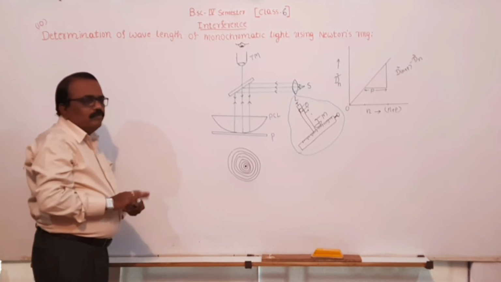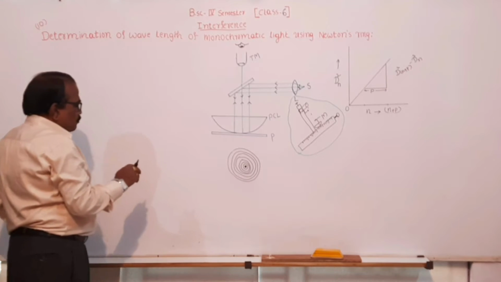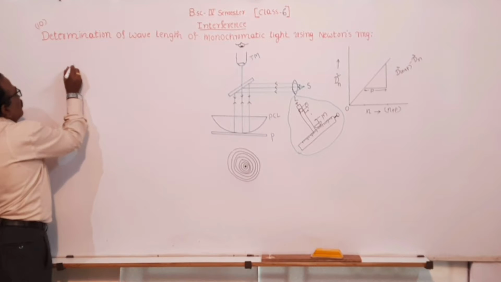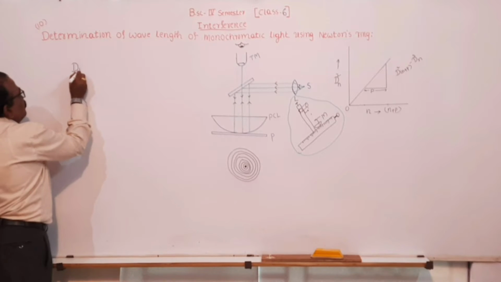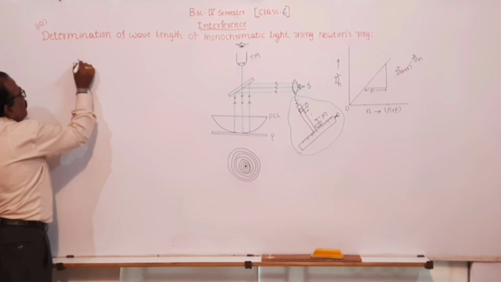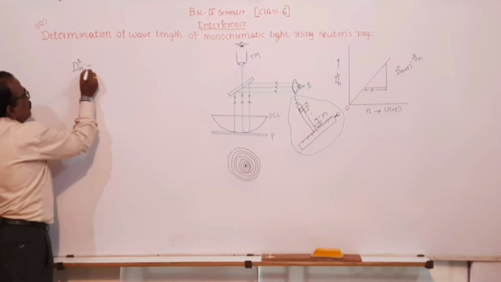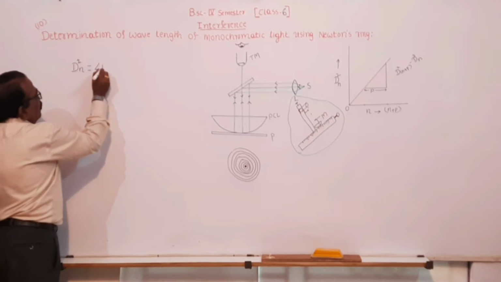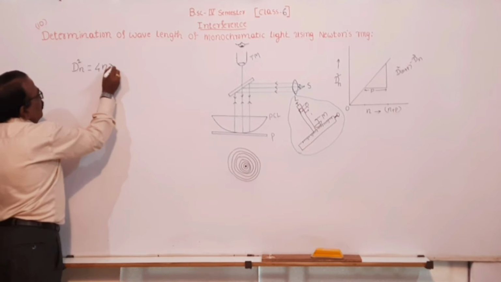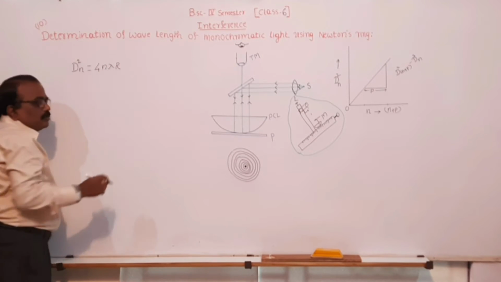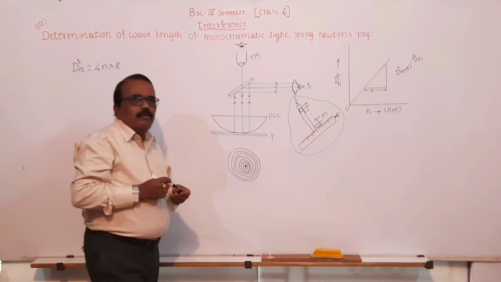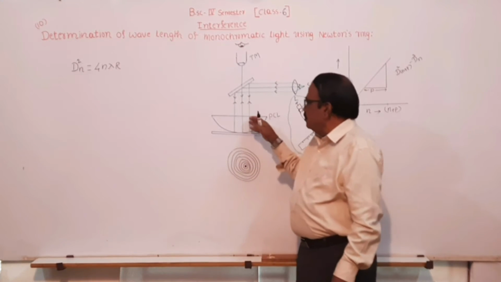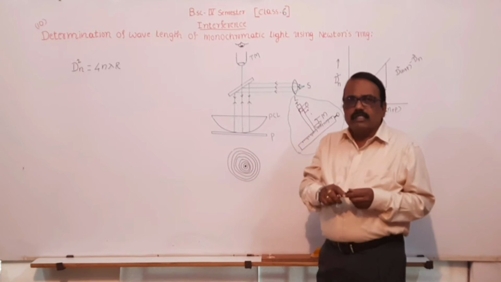We know that the diameter of the dark ring, as you have just studied, for destructive interference, D squared is equal to 4 n lambda R, where R is the radius of curvature of this plano-convex lens.